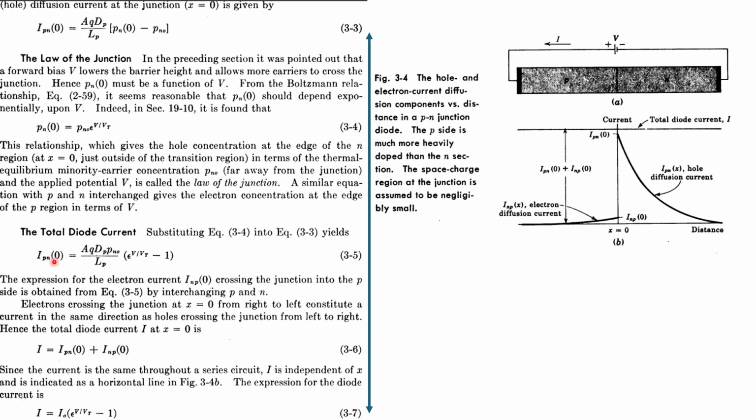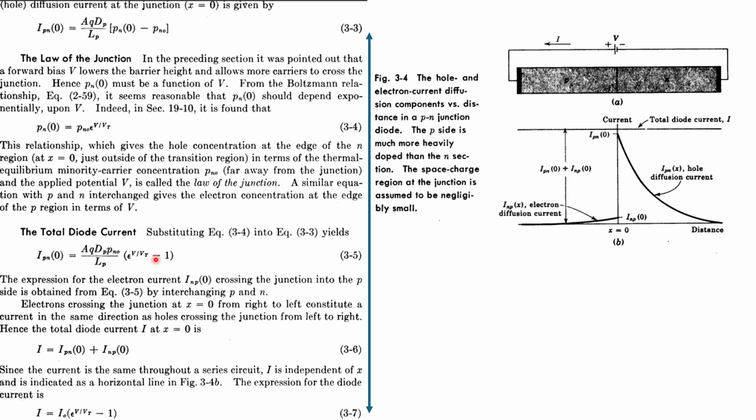The relationship that gives the hole concentration at the edge of the N region, that is x equal to 0 just outside the transition region, in terms of the thermal equilibrium minority carrier concentration far away from the junction and the applied potential V, is called the law of the junction, right?